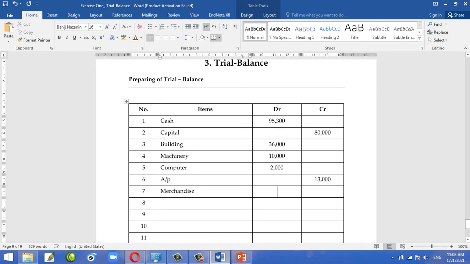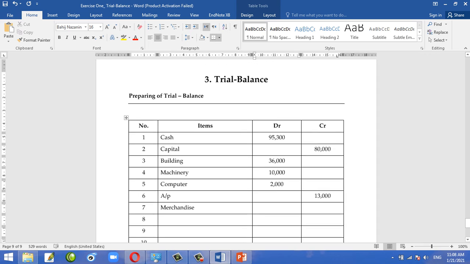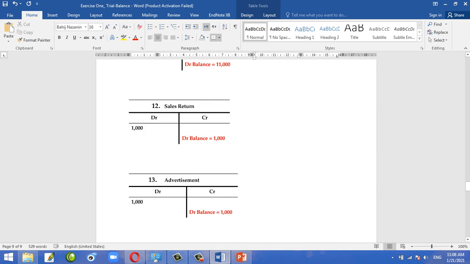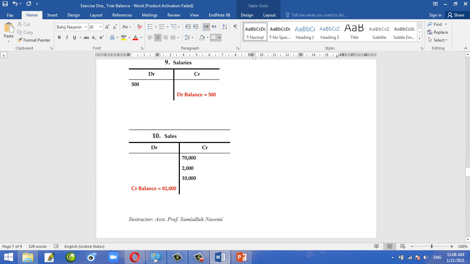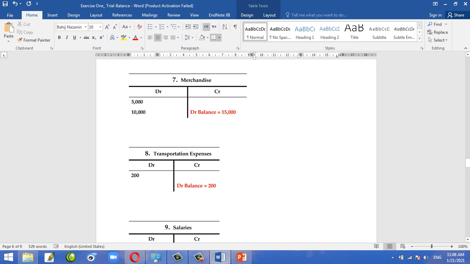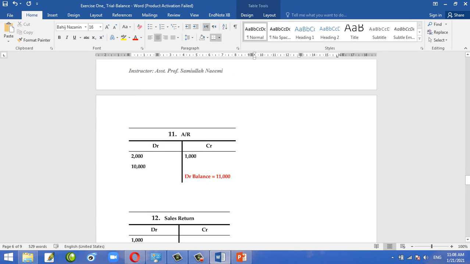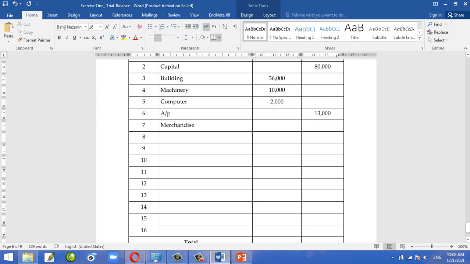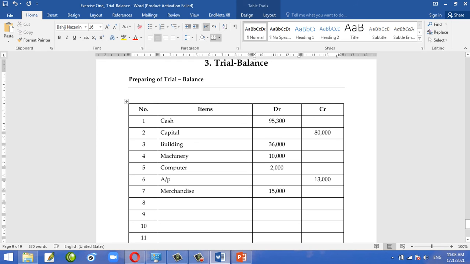We have merchandise, worth how much? We have 15,000 in debit side.